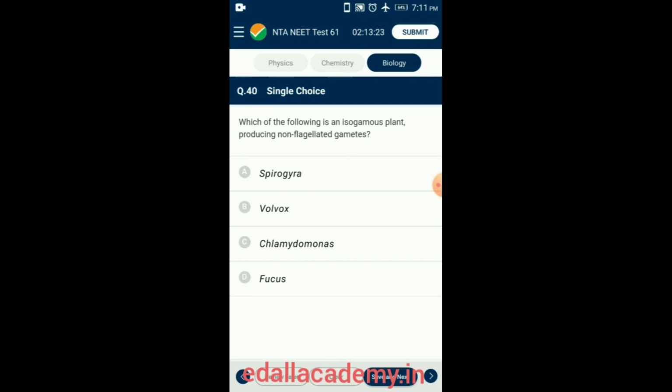Fusion of two gametes dissimilar in size, as in some species of Chlamydomonas, is termed anisogamous. Fusion between one large non-motile female gamete and a smaller motile male gamete is termed oogamous, example Volvox, Fucus. So the answer for this question is option A, Spirogyra.